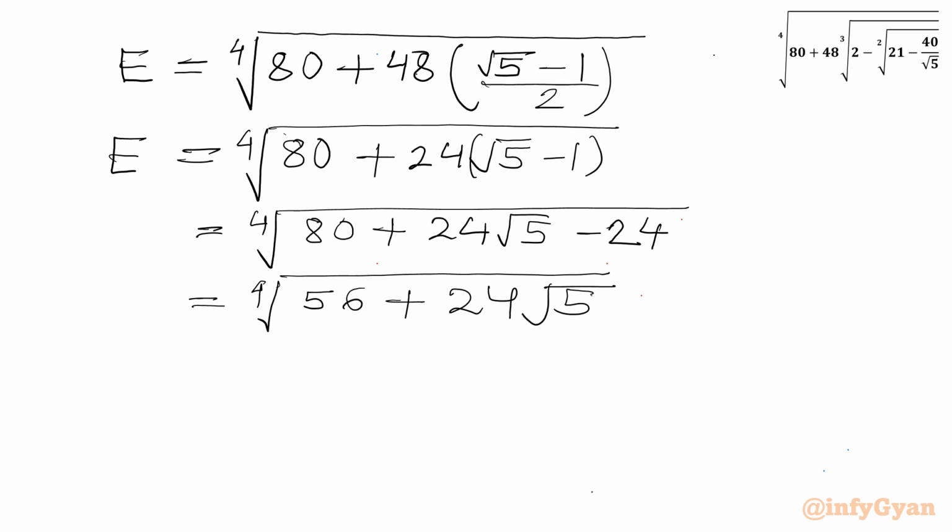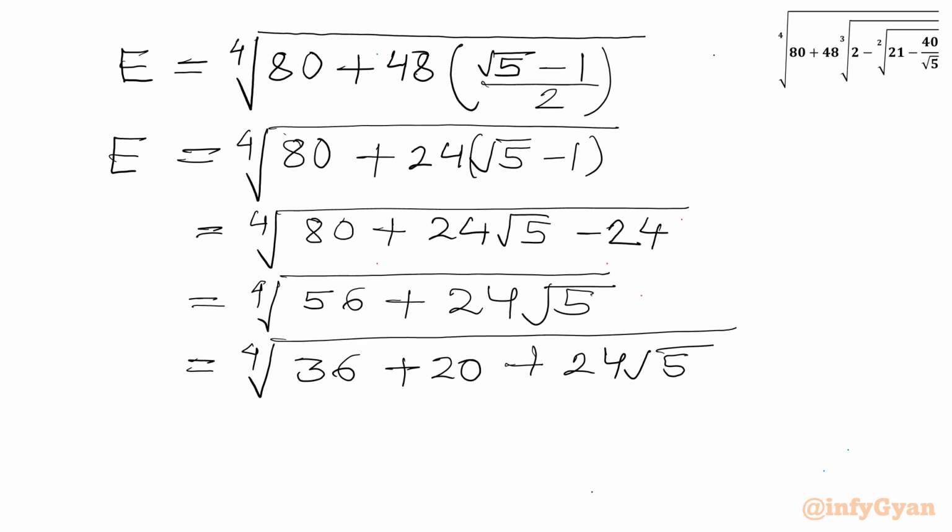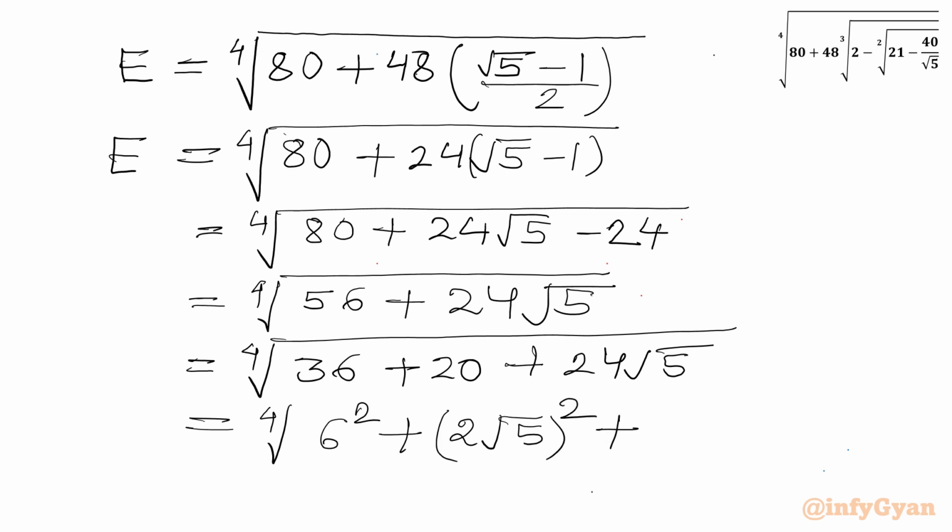Now I will split 56 as 36 plus 20. So I can write 36 plus 20 plus 24 root 5. Now 36 can be written as 6 square, 20 can be written as (2 square root 5) whole square, and 24 root 5 we can write as 2 times 6 times 2 root 5. So this is one formula, a square plus b square plus 2ab.